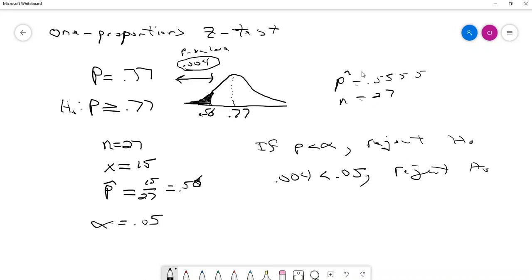Let's say that's what was given, and p hat, sample proportion. Then x equals n times p, okay? So you'd multiply 27, these two numbers together, times 0.5555.